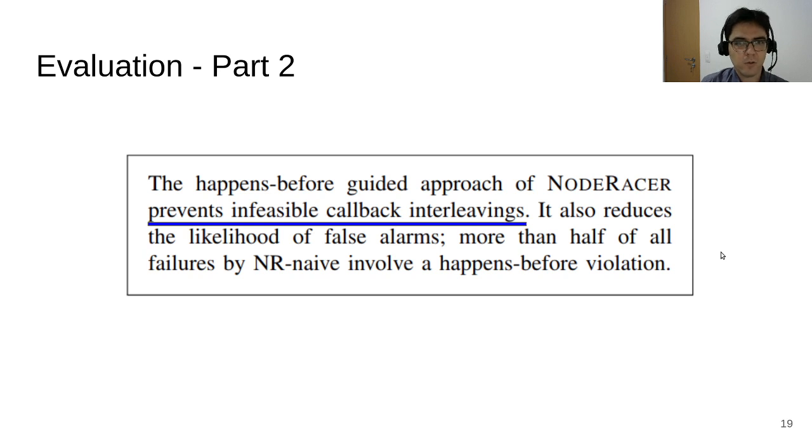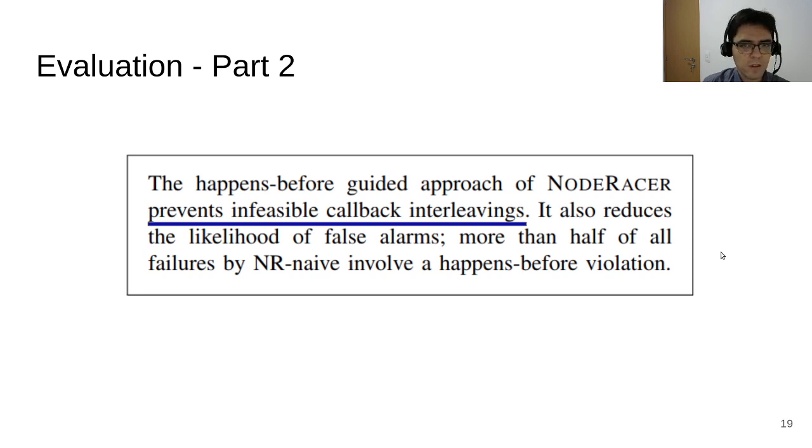For research question 2, we want to know if the use of the happens-before relation prevents infeasible executions and avoids needless delays. To do so, we implemented a naive approach that did not employ happens-before, and this naive approach was implemented on top of NodeRacer.